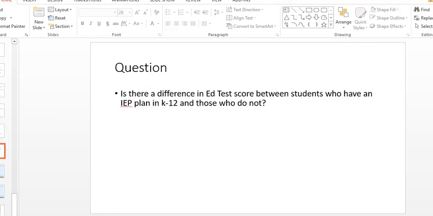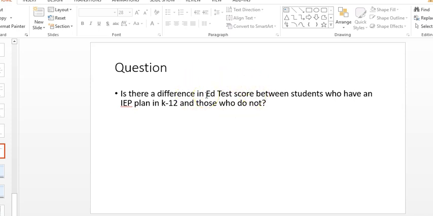Alright, so the question that I have for you today is: is there a difference in EdTest score between students who have an IEP plan in K-12 education and those who do not? For the steps, you are going to need to examine on your own the variable of having an IEP plan in K-12 and the variable of EdTest score.